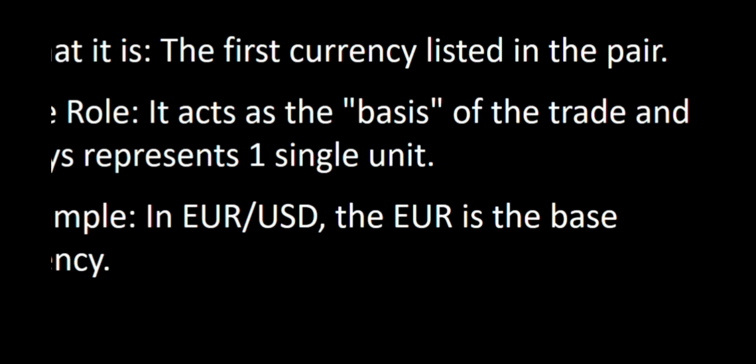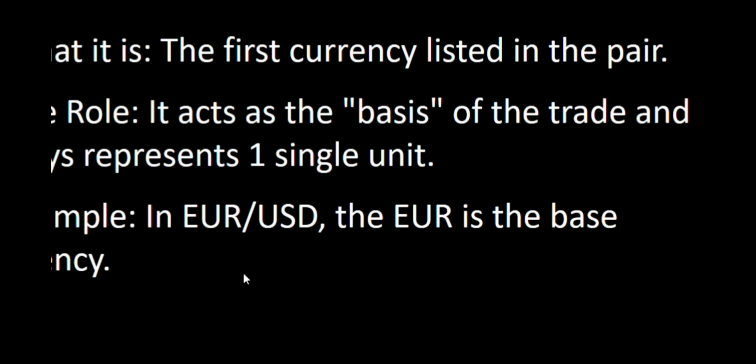So now, each of these is written as two currencies with three letters each. The first one you see is the base currency. The first currency listed in the pair is the base currency.